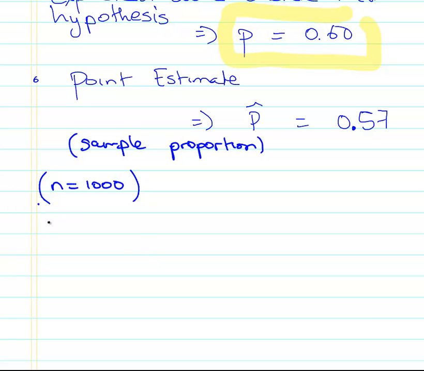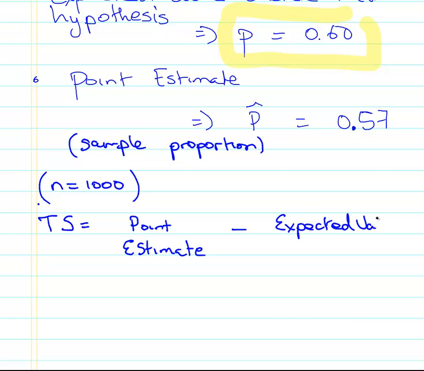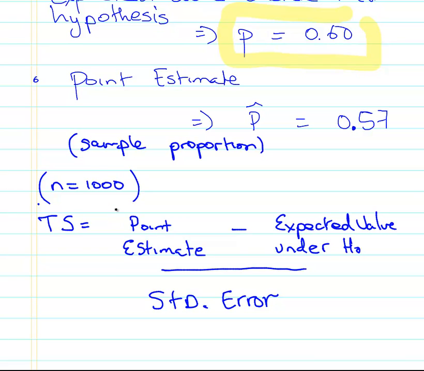Now our test statistic is our point estimate minus our expected value under null, all over the standard error. That's the general gist of it.